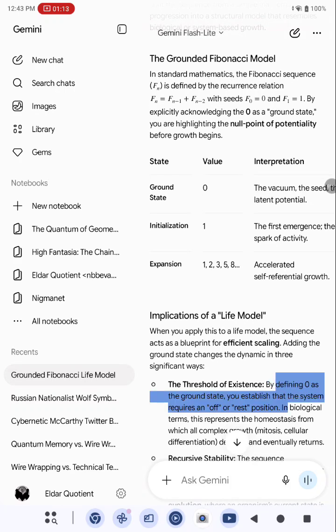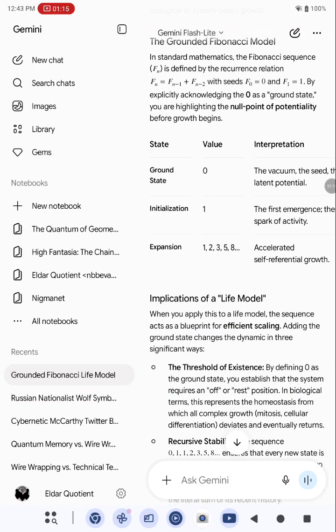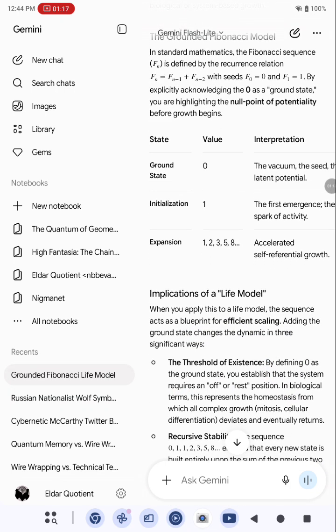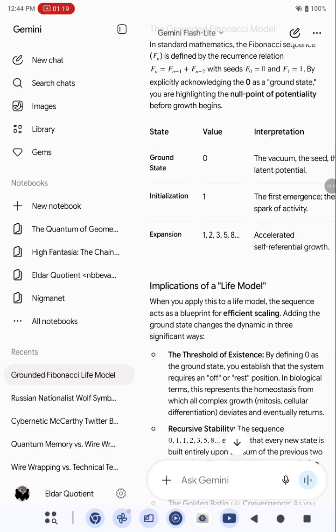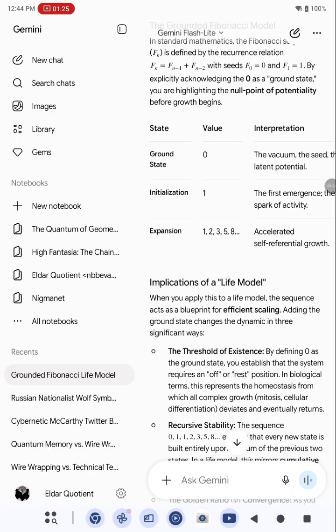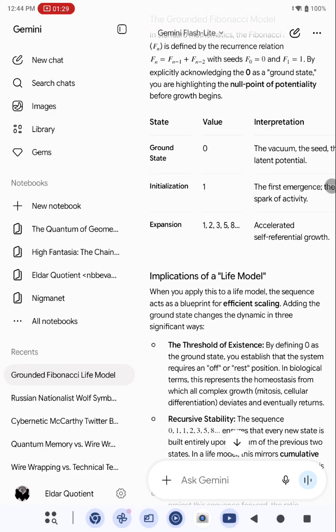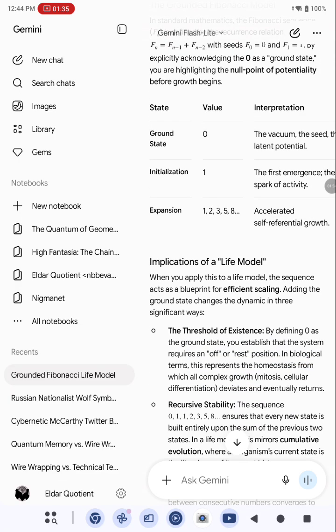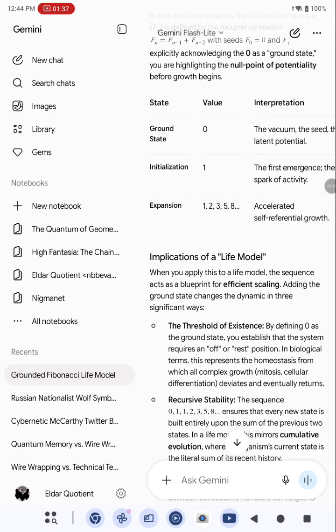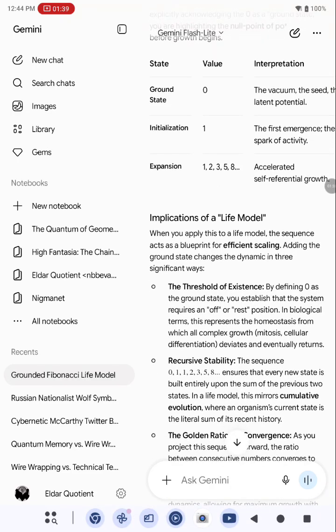In standard mathematics, the Fibonacci sequence is defined by the recurrence relation F_n equals F_(n-1) plus F_(n-2), with seeds F_0 equals 0 and F_1 equals 1. By explicitly acknowledging the 0 as a ground state, you're highlighting the null point of potentiality before growth begins.